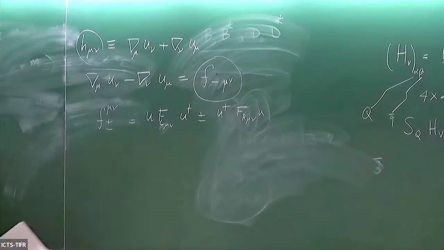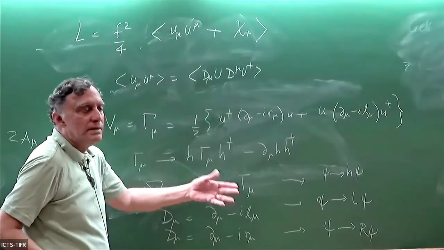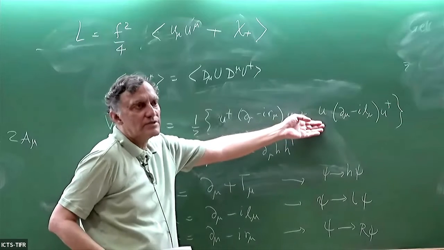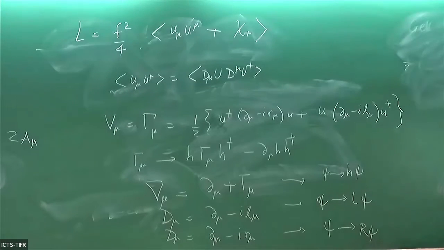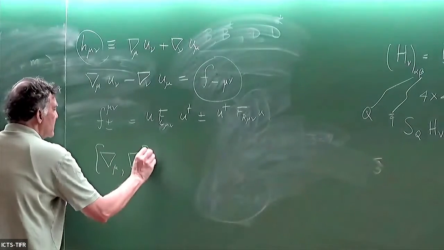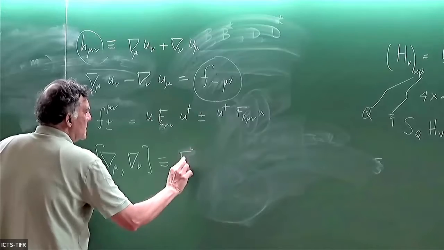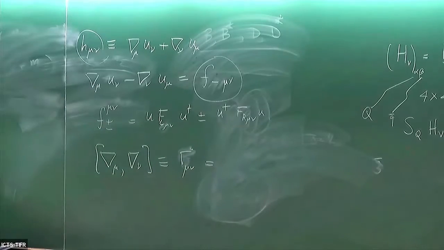And finally, the interesting thing about this chiral covariant derivative is that it looks like a gauge theory, but this gauge field is actually just determined in terms of the pions. Now you can calculate the field strength tensor of the chiral covariant derivative, and that's defined to be Γ_μν.